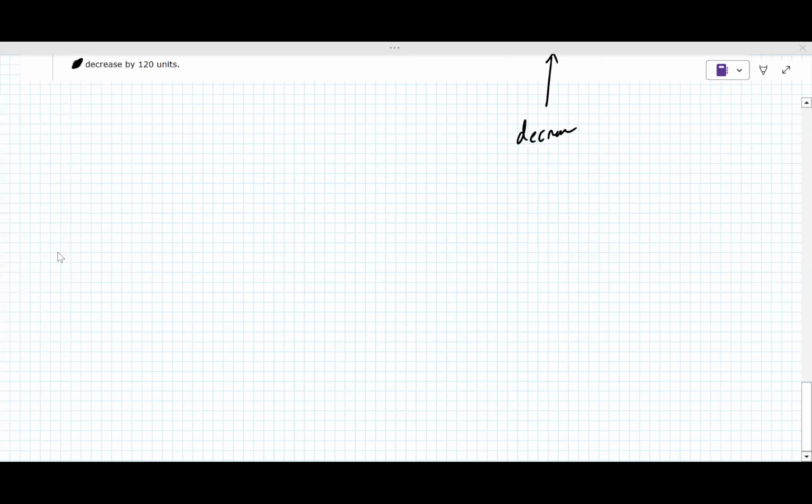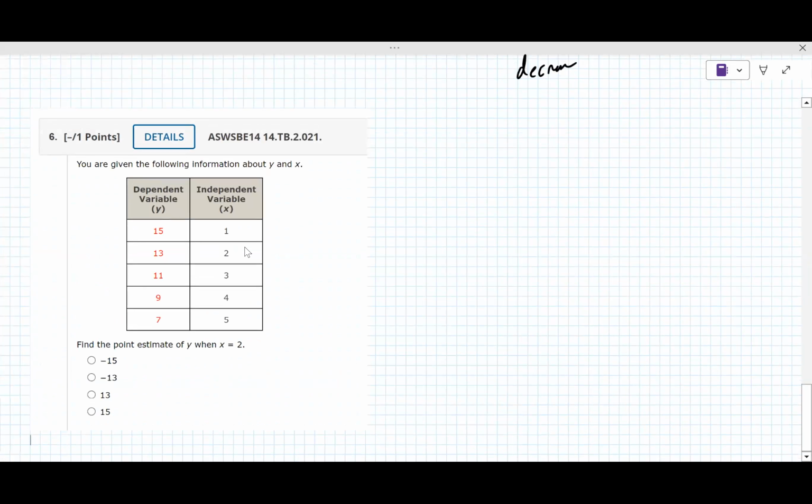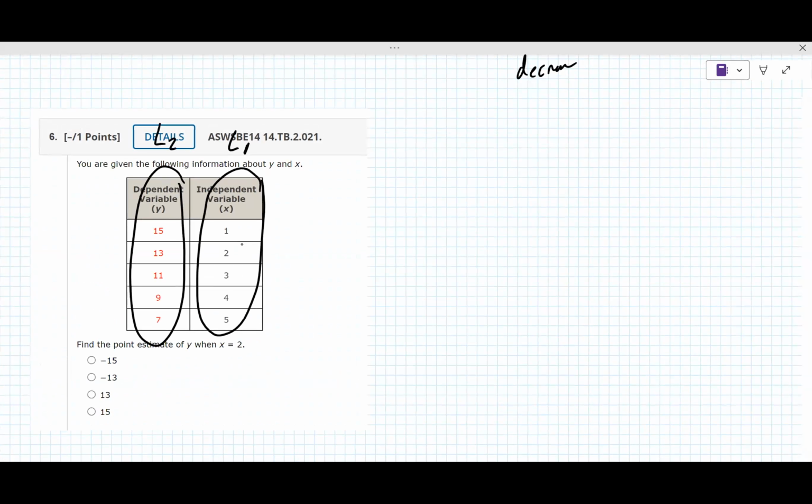Back to the calculator. All right, number 6 here, it says you're given the following information about Y and X. Now look at this, they are switching X and Y. Why would they do that? Because it's hard to make these problems difficult. You want your X in list 1 and your Y in list 2.